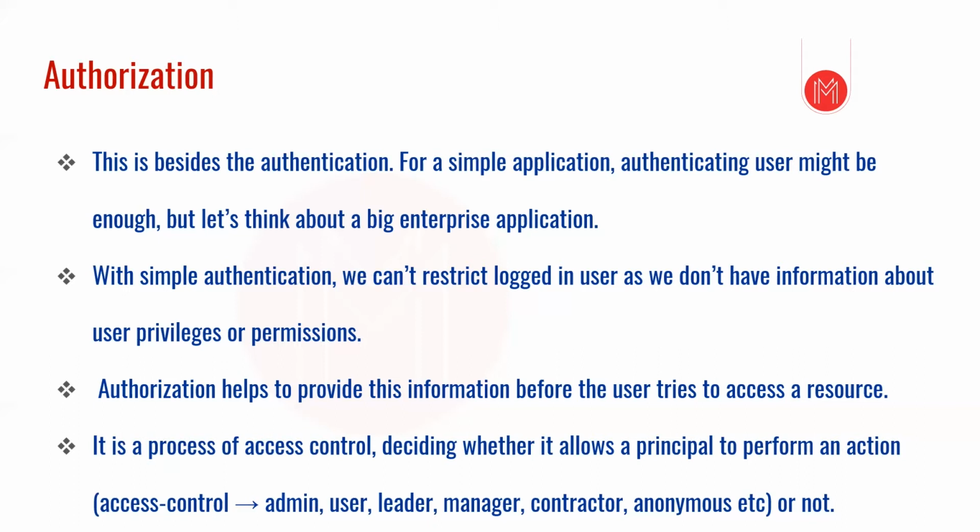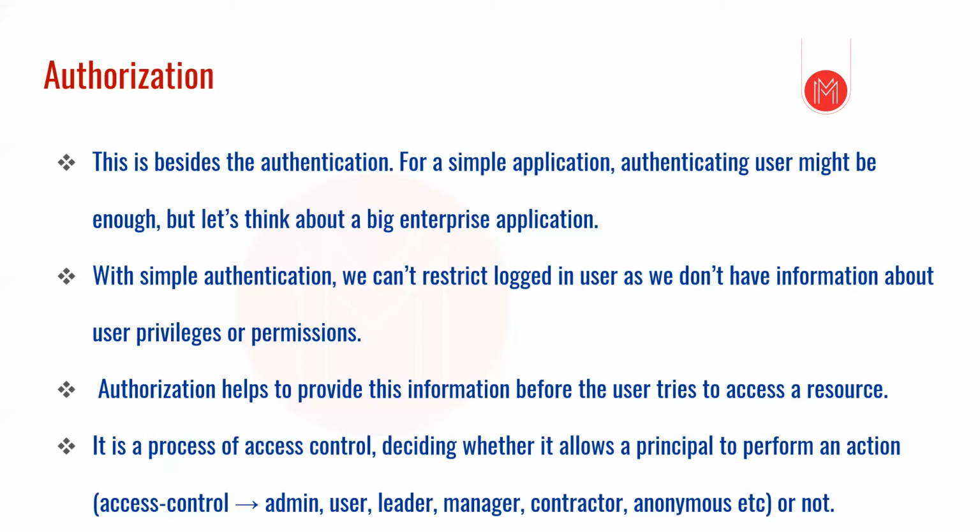With simple authentication, we can't restrict a logged-in user as we don't have information about user privileges or permissions, right? Authentication is nothing but he's just trying to log in with his proper username and proper password, the combination of username and password. But we can't restrict with these details if the user is trying to access a particular resource.